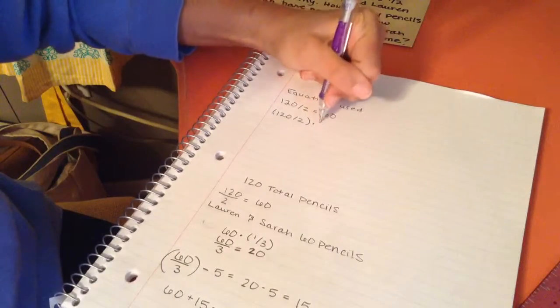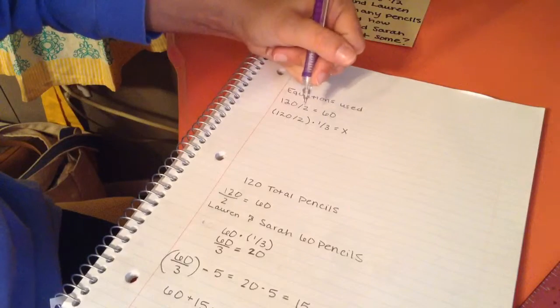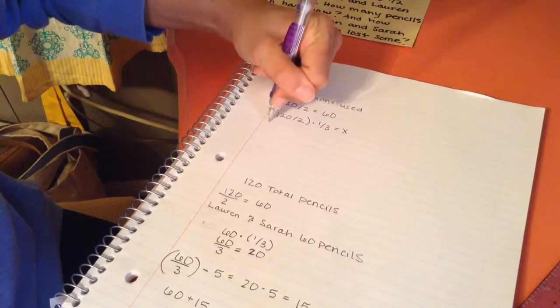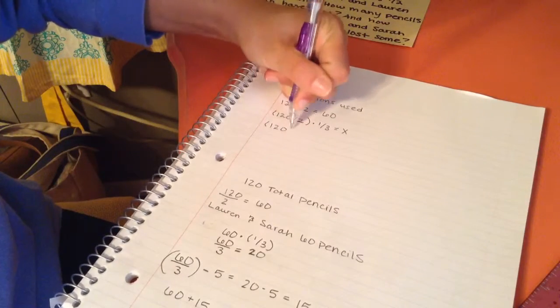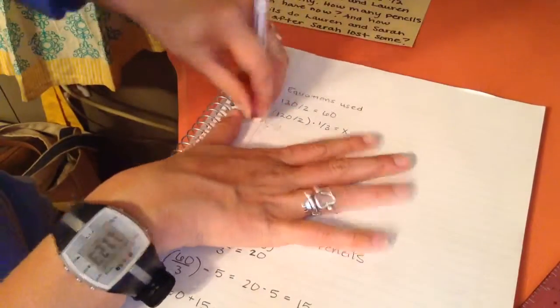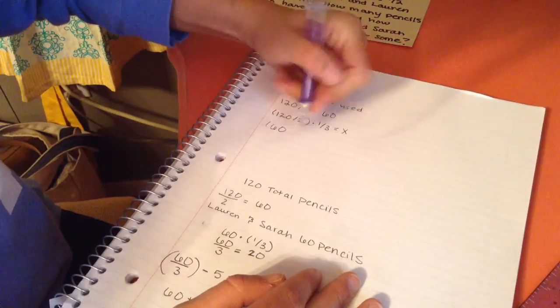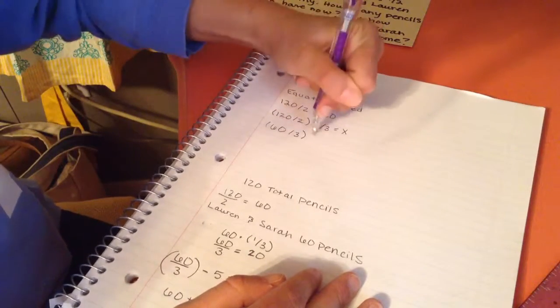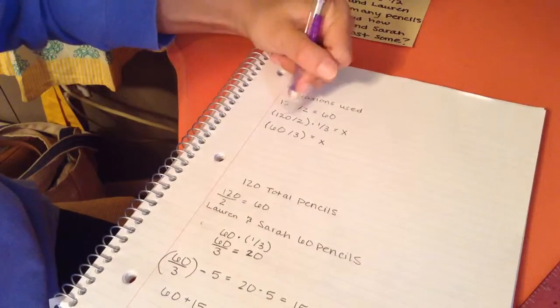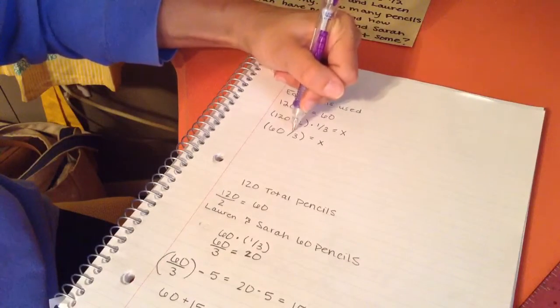times 1/3 equals x. Or again, like I said, you could do 120, which we got was 60. So you could put it also like this: 60 divided by 3 equals x. This basically is the same equation because this represents our 60, and instead of multiplying, it's easier to divide.